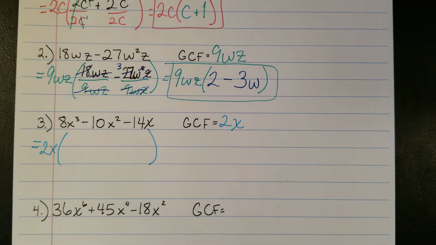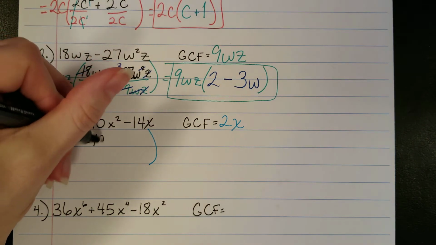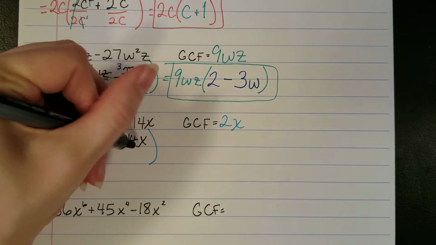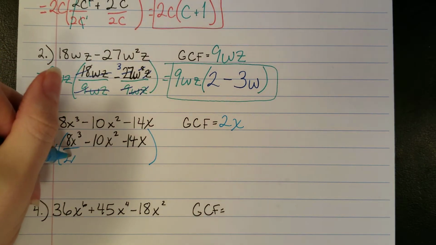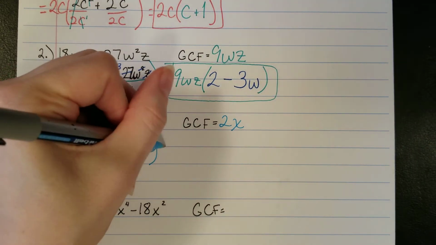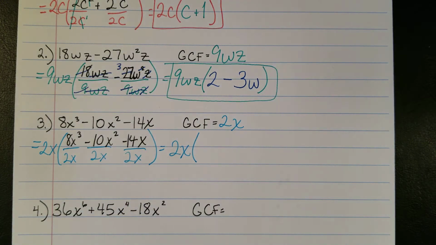So put that GCF in the front, take the original problem, and divide each term by the GCF. Keep that GCF in the front and reduce.